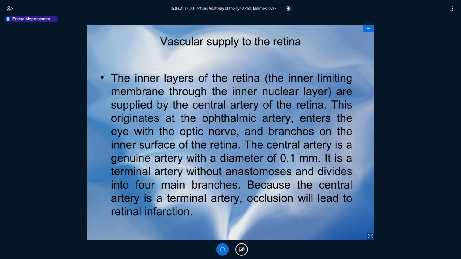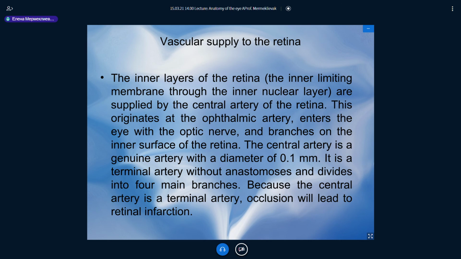The vascular supply of the retina: the inner layers of the retina, from the inner limiting membrane through the inner nuclear layer, are supplied by the central artery of the retina. This originates from the ophthalmic artery, enters the eye with the optic nerve and branches on the inner surface of the retina.